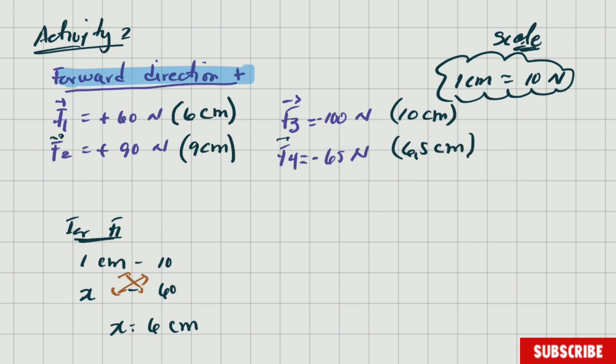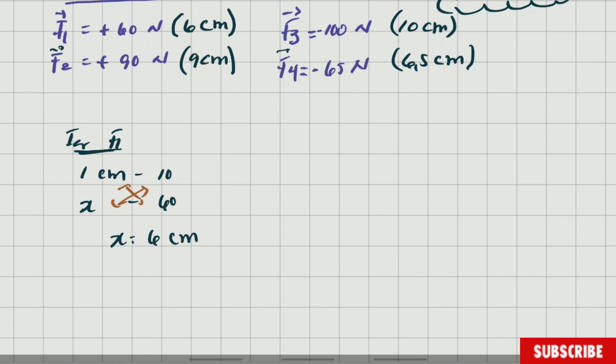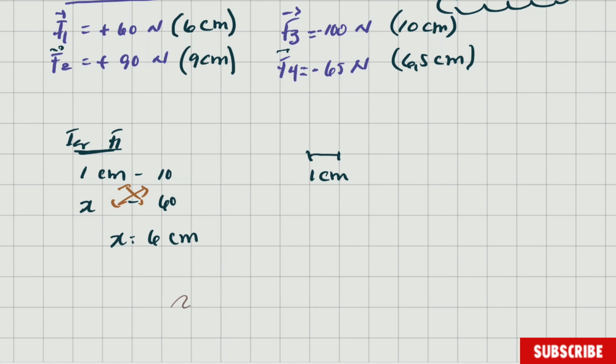There we go. So now, remember, we're going to use each of these blocks to represent 1 centimeter, in my case. So let's start by representing the first vector, starting more or less on this point. We have to draw 6 centimeters to the right. So this is 1, 2, 3, 4, 5, and 6 centimeters to the right.